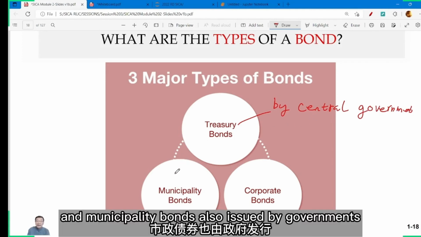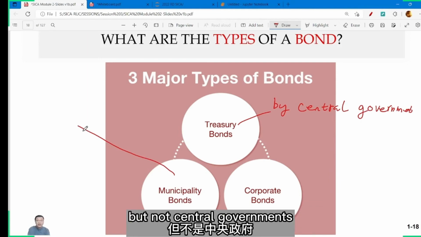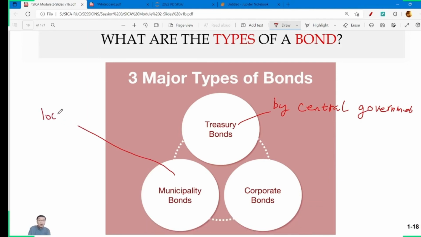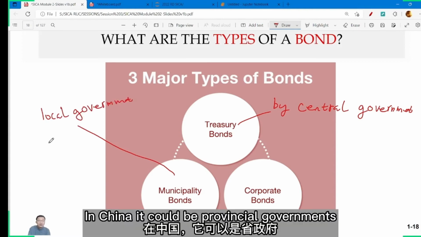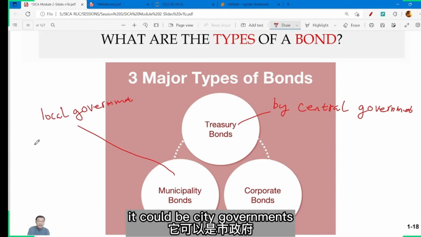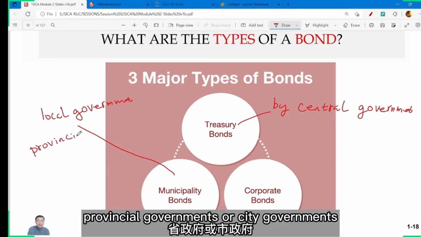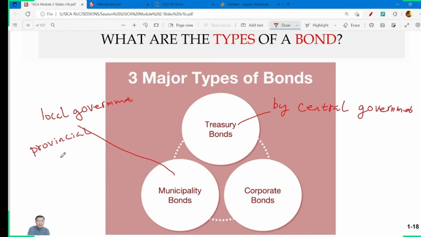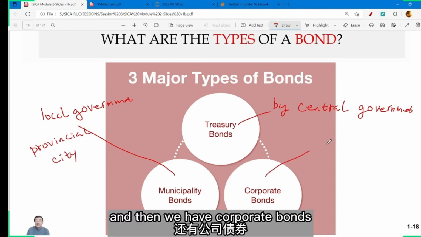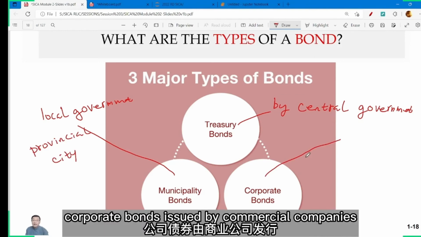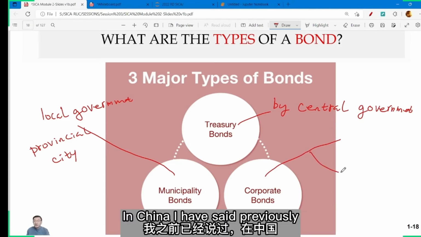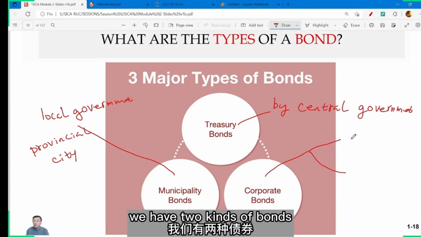And municipal bonds, also issued by governments, but not the central government, local governments. In China, it could be provincial governments or city governments. And then we have corporate bonds, issued by commercial companies. In China, as I said previously, we have two kinds of that.